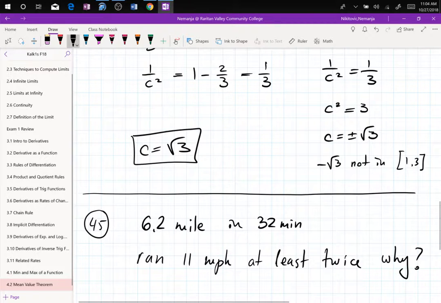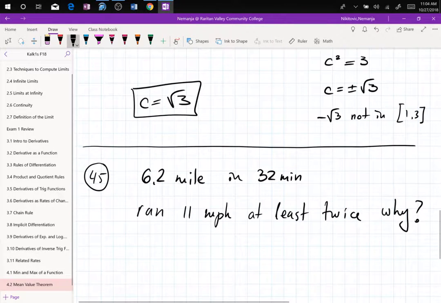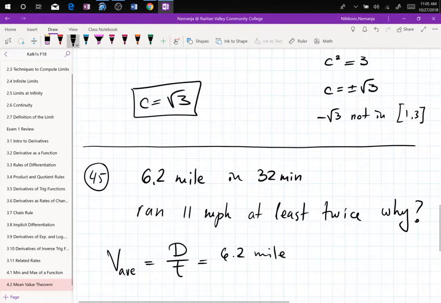Why? Well, this is exactly the same as our introductory police problem. You have your average velocity, which is distance over time. Distance is 6.2 miles, and time is 32 minutes, which you want to convert to hours. So 1 hour has 60 minutes.